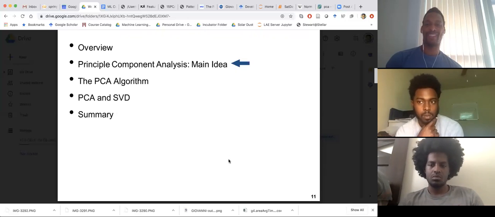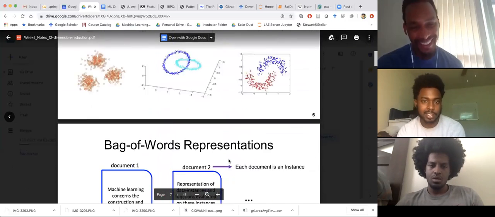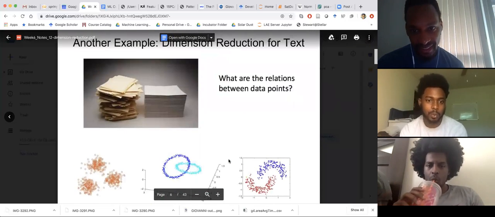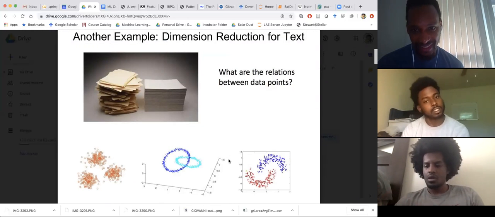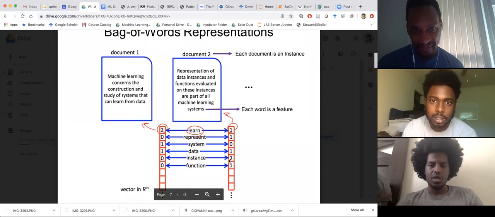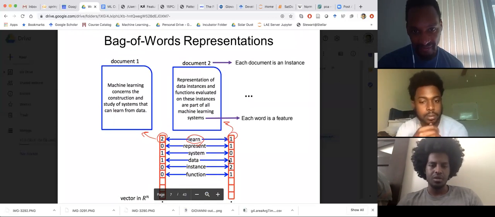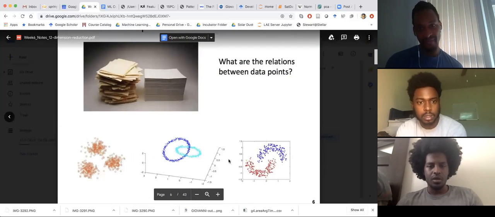What did you skip over? Yeah, I don't know, because there's not a lot on it. We can try and imagine what this might be trying to say. It's literally just saying that, just looking at it, you wouldn't necessarily know what the relationship is between data points.